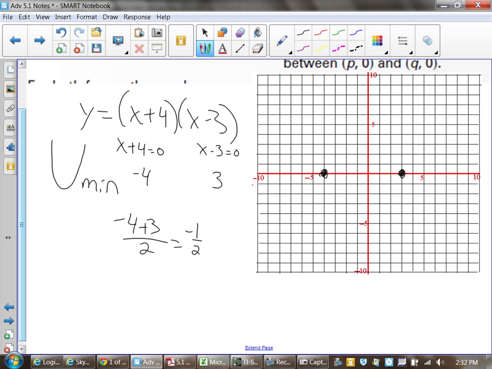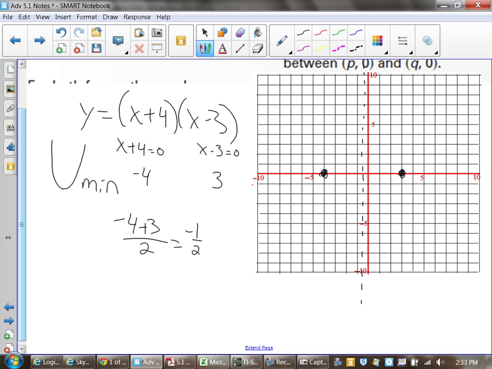What you do with intercept form is find the average of them. When you're finding the average, you're finding the halfway point, the midpoint, basically. So your axis of symmetry occurs at the line x equals negative 1/2. It's a dotted line right there. They're both 3.5 spots away from the axis of symmetry.